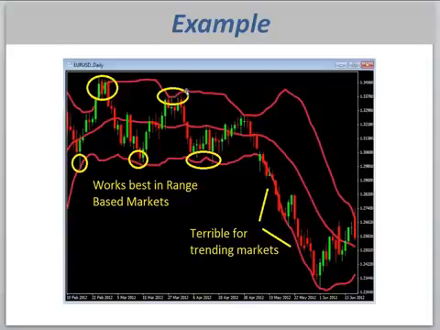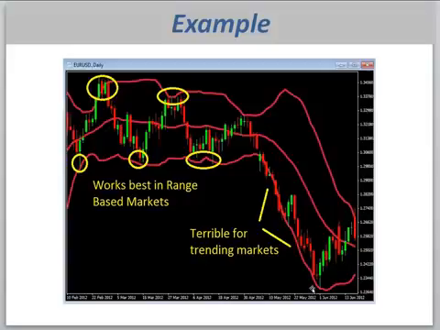You can see it worked out pretty well in the beginning of this chart, but it didn't do so well later in the chart where it kept falling and falling, even though it got oversold and kept getting more and more oversold. So just because something's oversold on the Bollinger Bands doesn't mean it will not continue to go down.